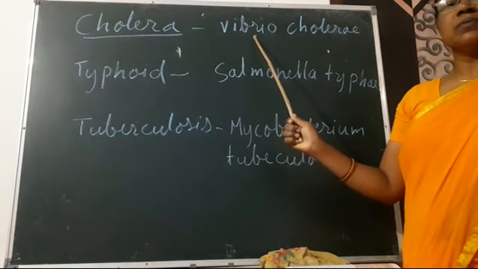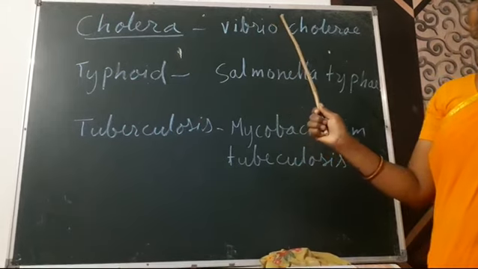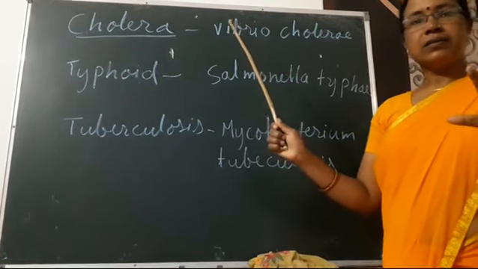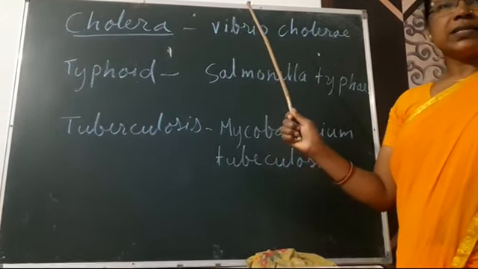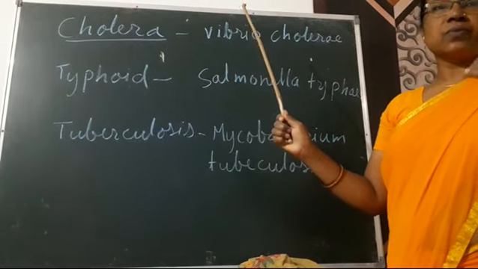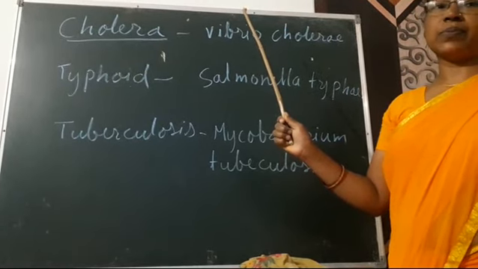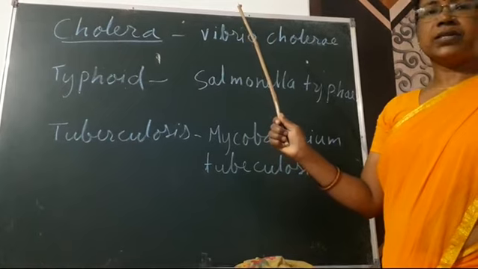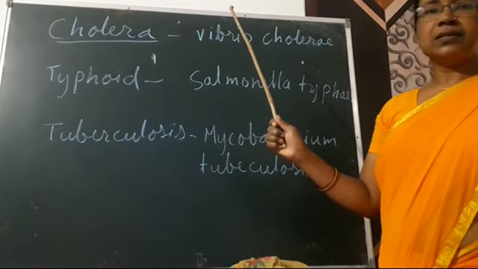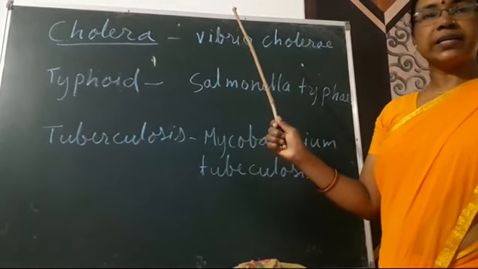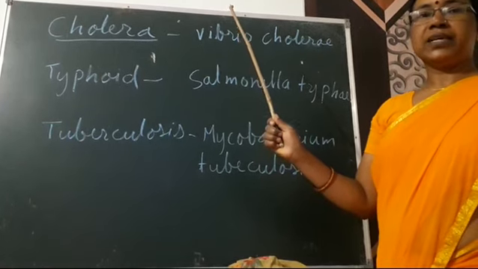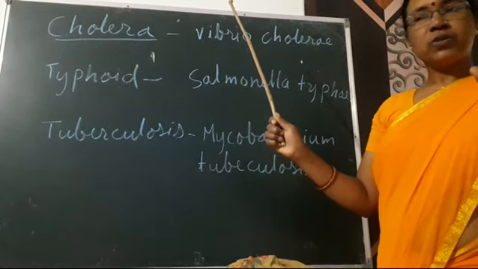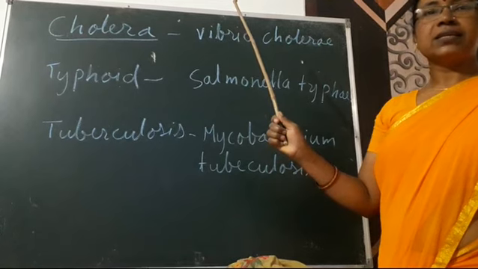Persons suffer from vomiting and loose motion, and that's why the water is not retained or absorbed in the intestine, and there is shortage of water in the blood, and accumulation of urea takes place. The urea accumulation is very poisonous.